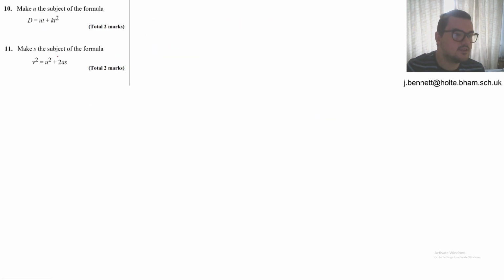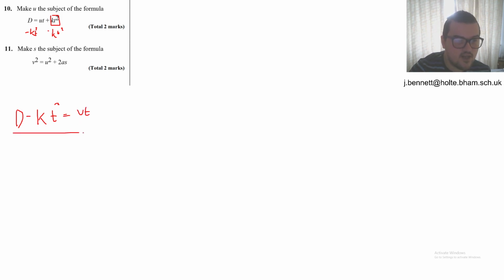Again, these ones are a little bit trickier, but just ignore the things that are there to confuse you. Make u subject of the formula. So we just treat this big thing as just one thing. So we take it off both sides, take kt squared off both sides. d minus kt squared equals ut.